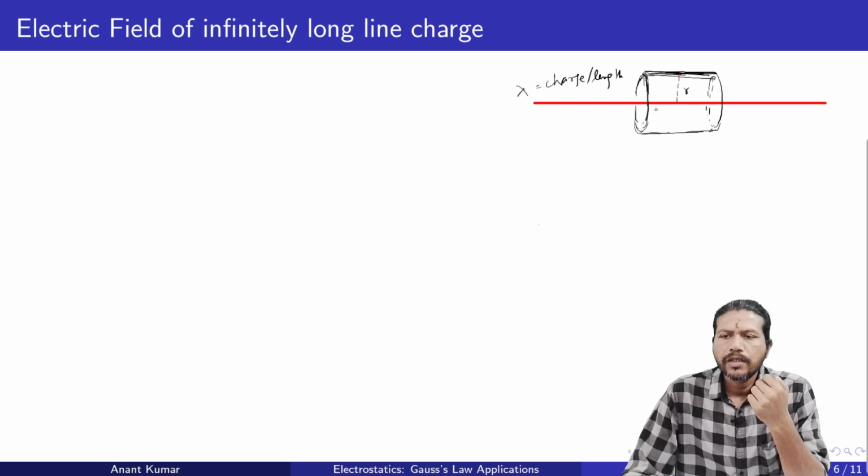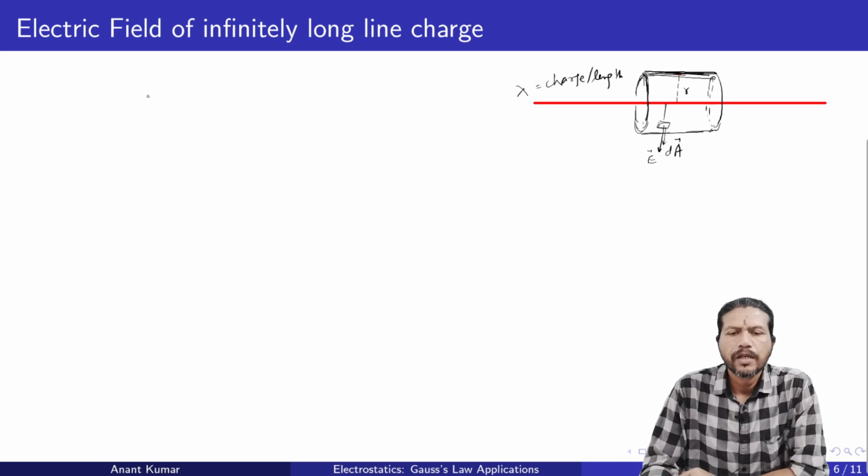So if I now consider a certain patch over here over which I am trying to compute the flux, we notice that in this case the electric field and the area vector once again are in the same direction. So for this curved surface, the electric field and the area vector are pointing in the same direction, as a result of which, if I look at the flux, this total integral over the closed surface, I could break it up into two parts.